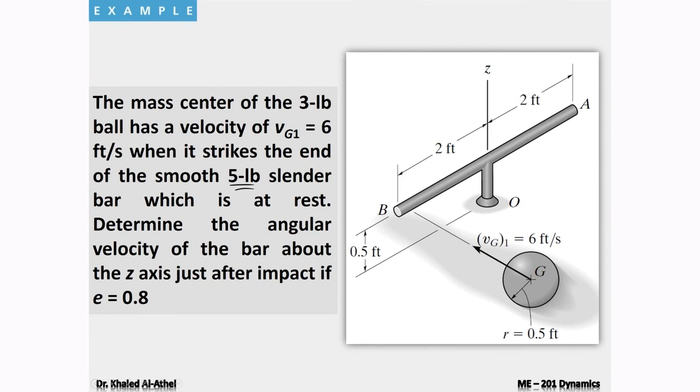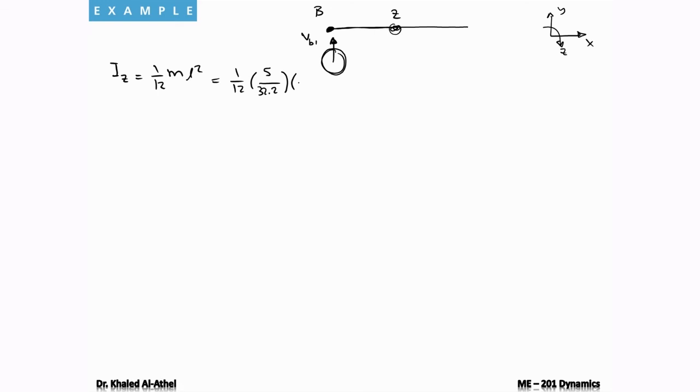The length is given as 2 plus 2, so it is 4 feet, multiplied by 4 squared. If I carry out this calculation, it comes down to 0.207 slug feet squared, slug being the unit of mass.